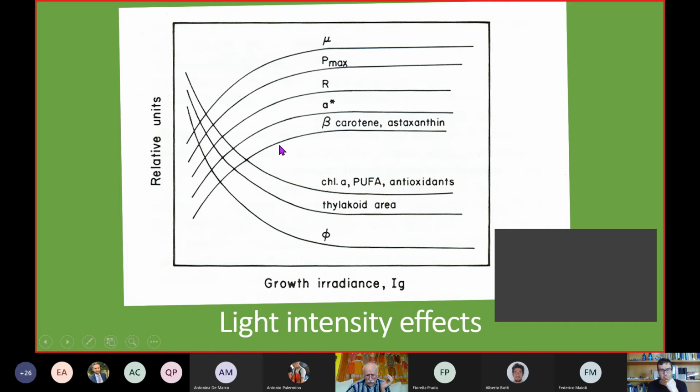And the opposite is true for the light protective pigments like beta-carotene and astaxanthin. They increase when you expose the algae to high light. And of course, the doubling rate and the maximal photosynthetic rate, but also respiration, increase.